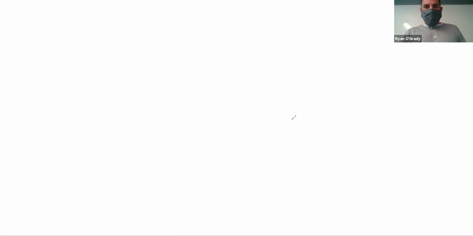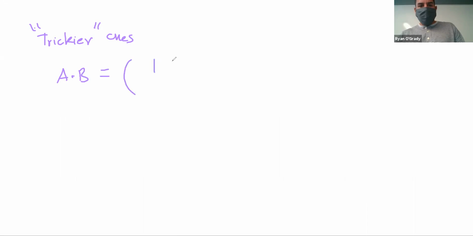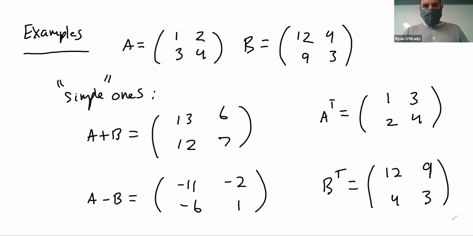All right. So next step, let's do the trickier ones. So what is A times B? Well, A times B is 1, 2, 3, 4, times 12, 4, 9, 3.